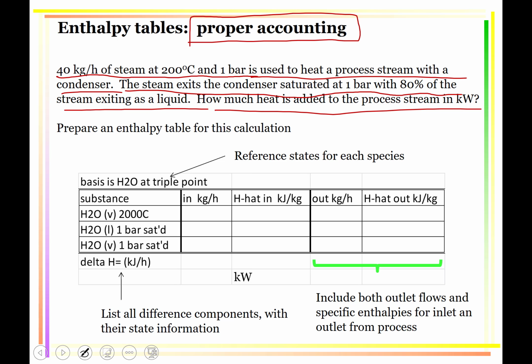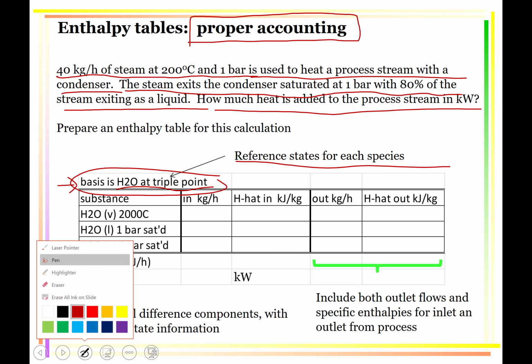So let's look at the features of the enthalpy table. First thing is we need to list here the reference state for each species on our table. In this case, we only have water, and we're going to get all our values from the steam tables. So the reference is water at the triple point.